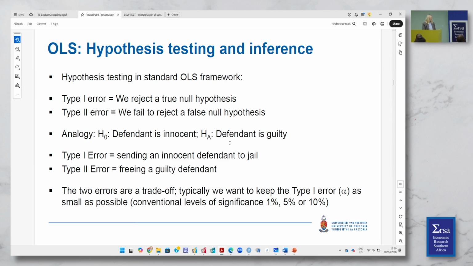So let's soften the blow a little bit and not try to send innocent people to jail, but rather keep that probability as small as possible. It will always be a trade-off. The two distributions overlap.